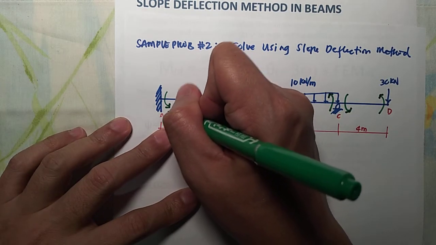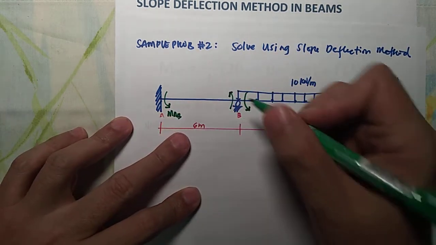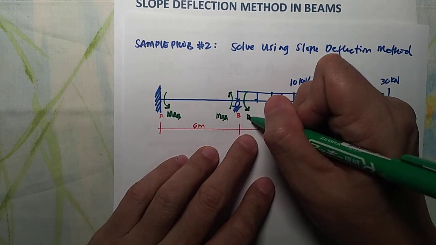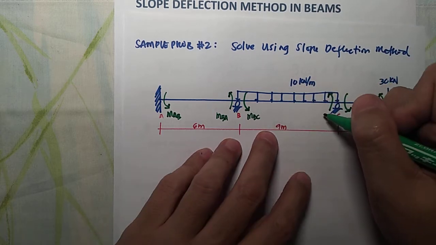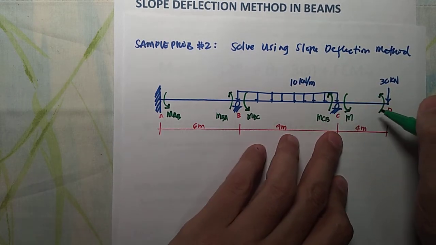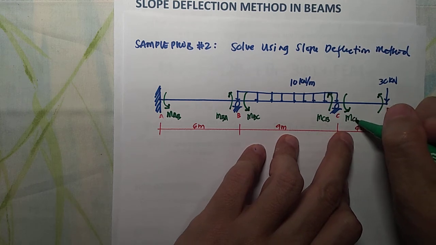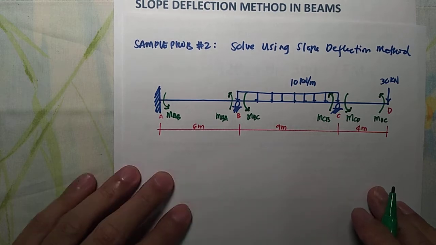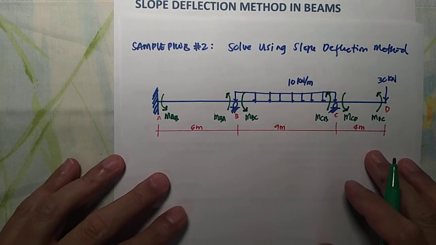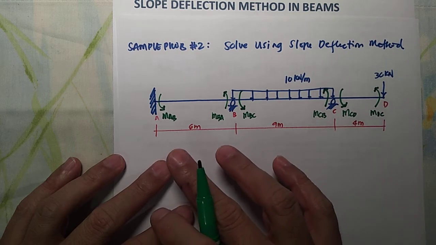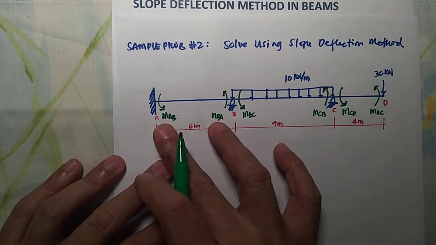So this is moment at AB, moment at BA, moment at BC, moment at CB, moment at CD, and moment at DC. Okay, so that's the first step: identify the member and moments per segment.